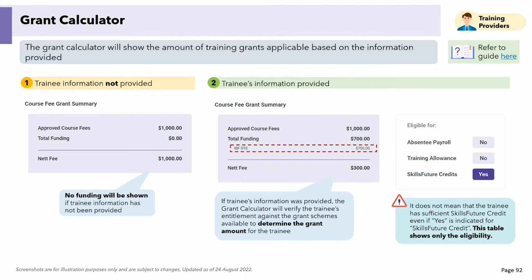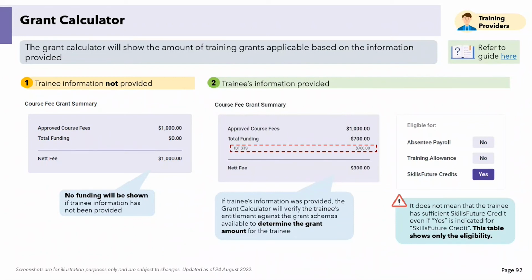Some individuals may want to use their SkillsFuture credits as payment. So here, if the system indicates a yes, it does not mean that the trainee has sufficient SkillsFuture credit. The table only shows the eligibility for SkillsFuture credit, which is dependent on their age group and whether they are Singaporeans. So the trainee will have to check for himself how much credit he has in the MySkillsFuture portal. Okay, so that's for the grant calculator.